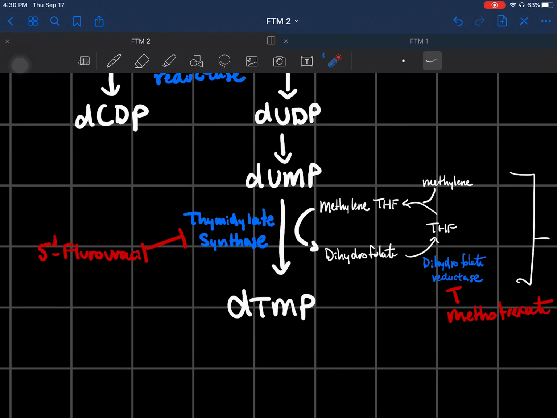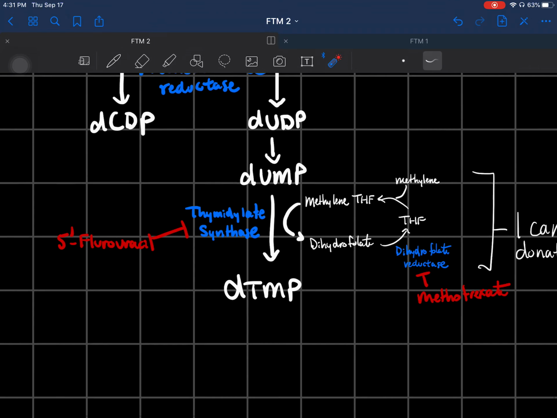So it shows up again. You're going to have your THF, which is going to be synthesized by that dihydrofolate reductase, remember? And you're going to add in a methylene group, turn it into methylene THF, and help facilitate that reaction. So you have your thymidylate synthase, which is going to synthesize your thymidine, okay?